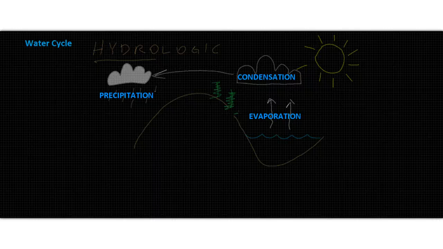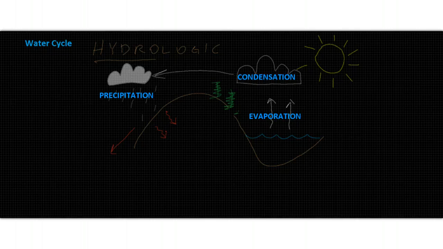Now, when that water hits the ground, and I've got some water that's hitting the ground, some of that water is going to just go straight off the side. And then some of that water is actually going to go into the ground, right? It's actually going to seep in between all of the crevices and the cracks, and it's going to fill up voids or empty spaces in the ground.